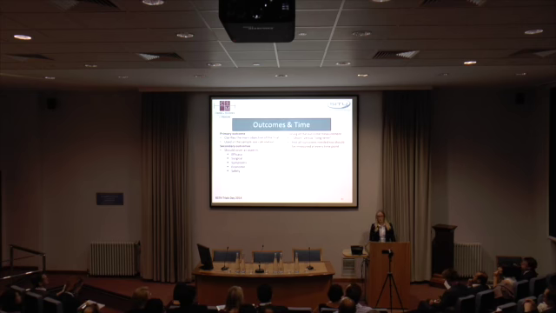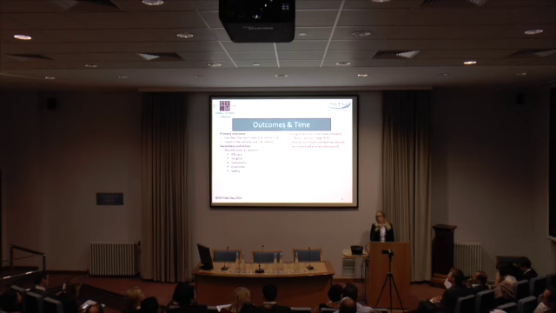Then the last two of the PICO are the outcomes and the time. The main objective of your trial defines the primary outcome, and of course you can also look at other outcomes, the secondary outcomes, but the primary outcome is really important because it's not just your objective, it's also what is required, as I said, in the sample size calculation.